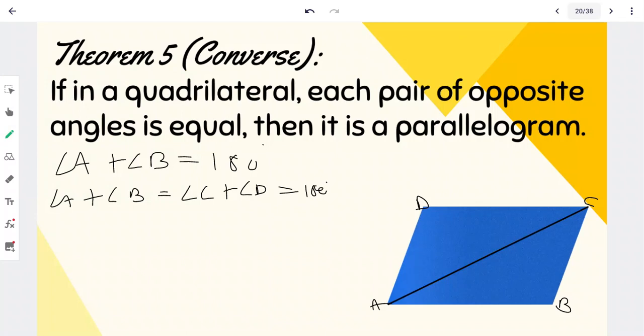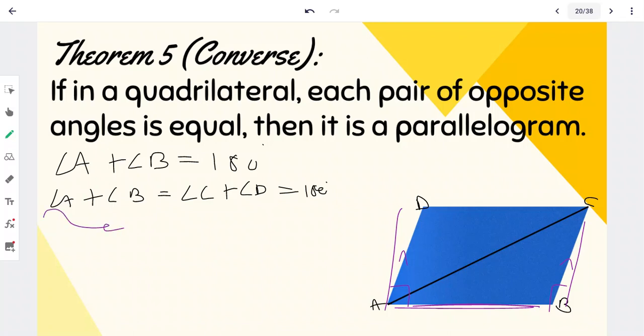Now look over here. If you see, AB is intersecting AD and BC. Okay, if we say that AD and BC are parallel, then AB is a transversal. Can you see these two angles? These two angles are co-interior angles. Correct?